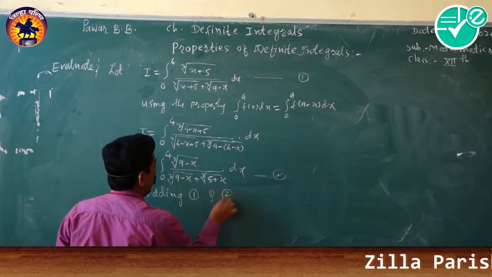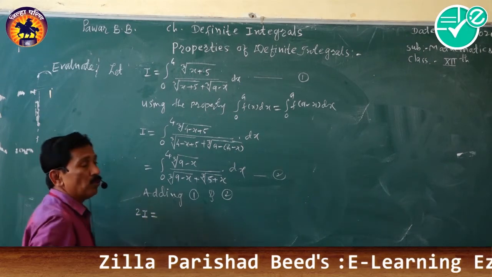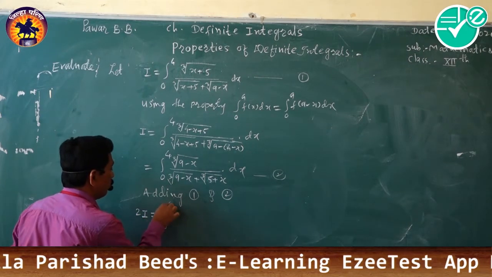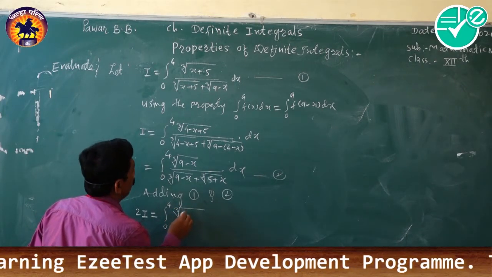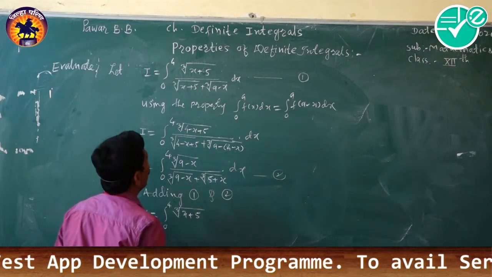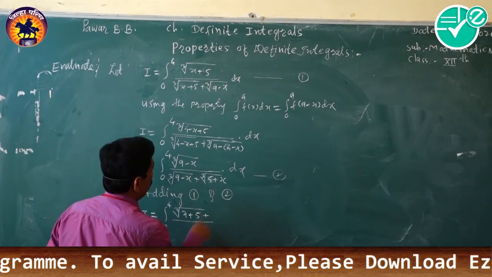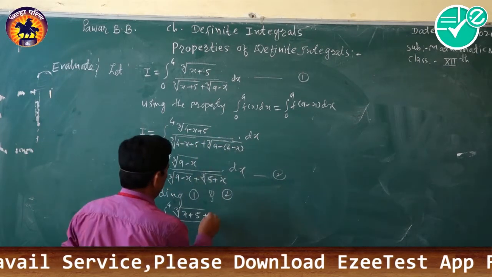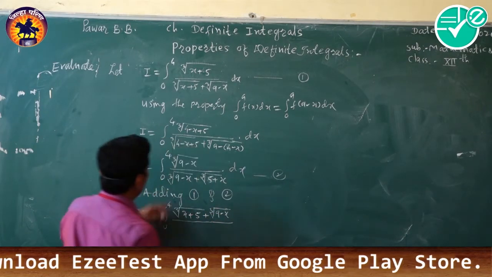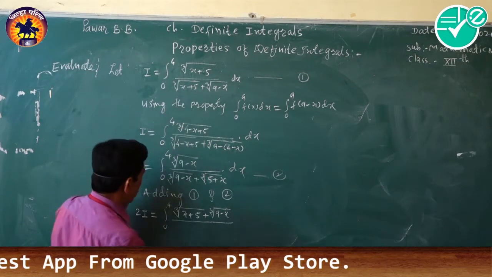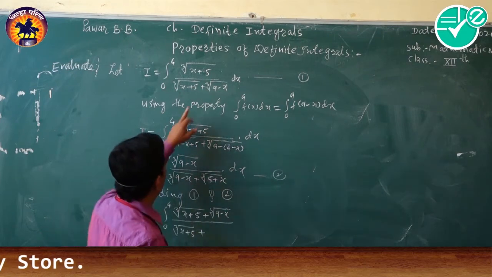1 and 2 we get I plus I, it is twice I is equal to integration from 0 to 4 of cube root of x plus 5 upon, plus this cube root of 9 minus x divided by cube root of x plus 5 plus cube root of 9 minus x.